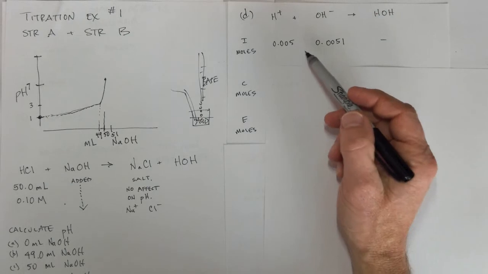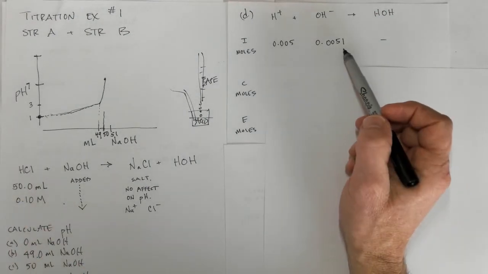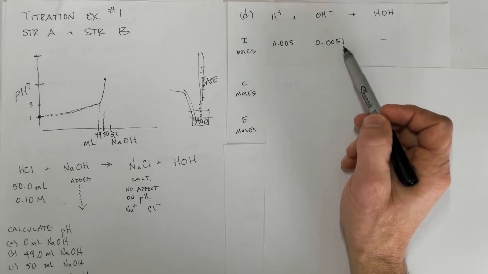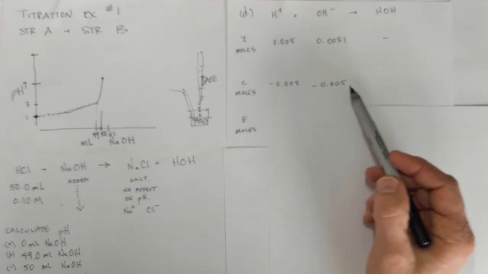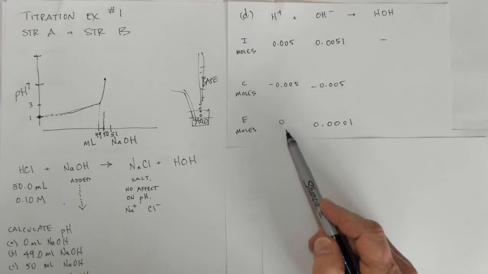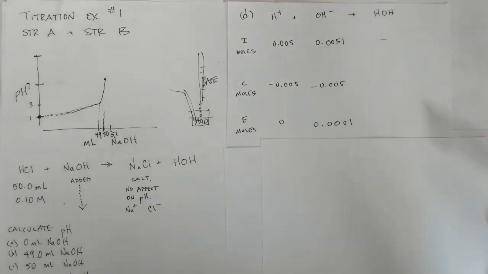So 50 milliliters, 0.1 molar, 0.005 moles. 51 milliliters now, 0.1 molar, 0.0051 moles here. So which one's smaller? The 0.005, so that one gets completely used up. It's subtracted from the OH minus. We end up with no acid remaining, but we have 0.001 of the base remaining, OH minus.